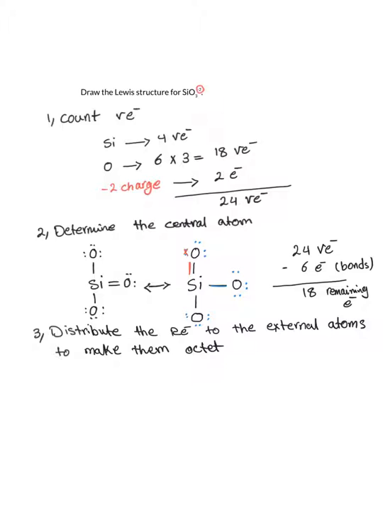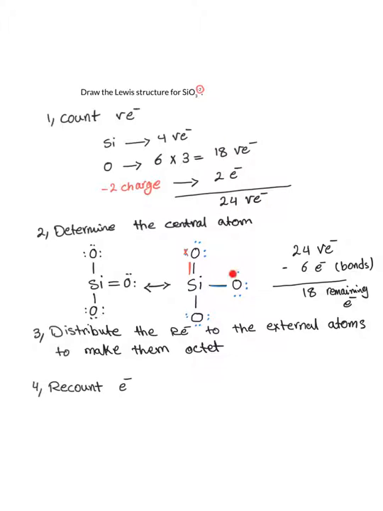So the fourth step is recounting electrons in the molecule and comparing them to the number of valence electrons that we calculated in the first step.